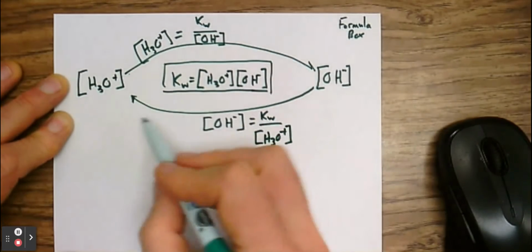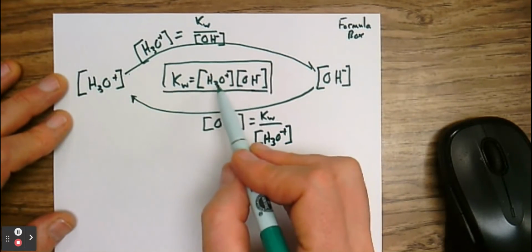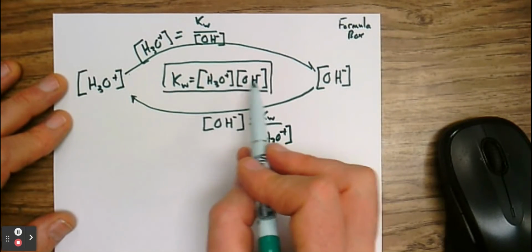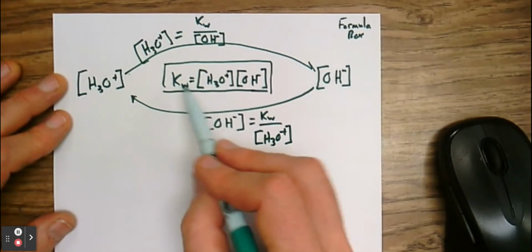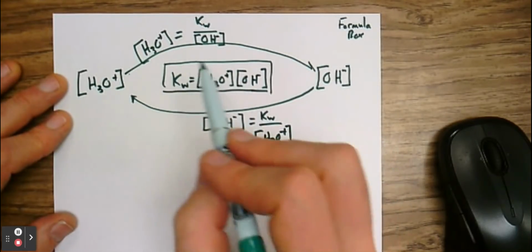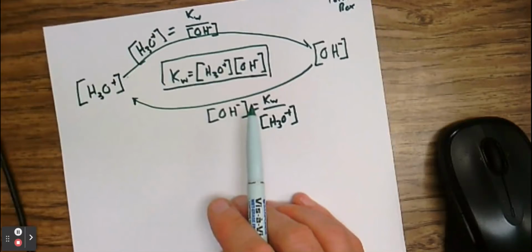So if you know either of your concentrations of hydronium or hydroxide, this will allow you to calculate the other one. And I'm leaving this Kw as a variable and not a value because it can change dependent upon the temperature of water.